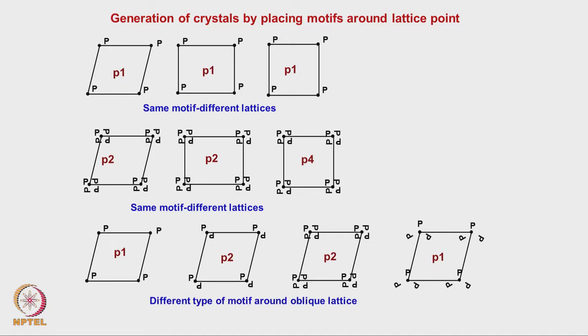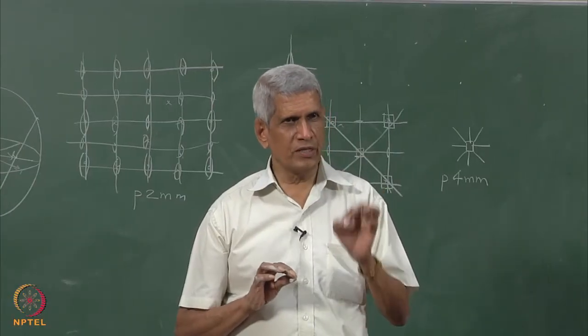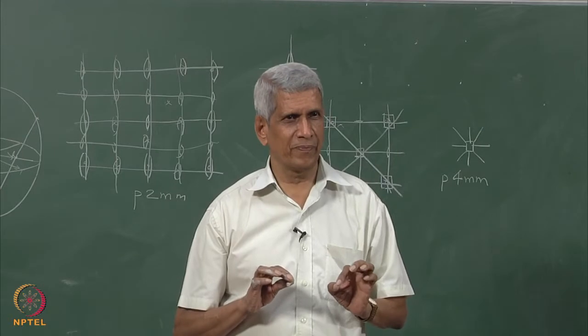So, what you have looked at are crystals and lattices. We have looked at what symmetries are associated with the lattice, and depending upon the symmetry of the motif which we place, which symmetry elements are common, and not only common but matching with the symmetry elements at the specific point where we are putting that motif, that is going to decide what symmetry the crystal will exhibit.